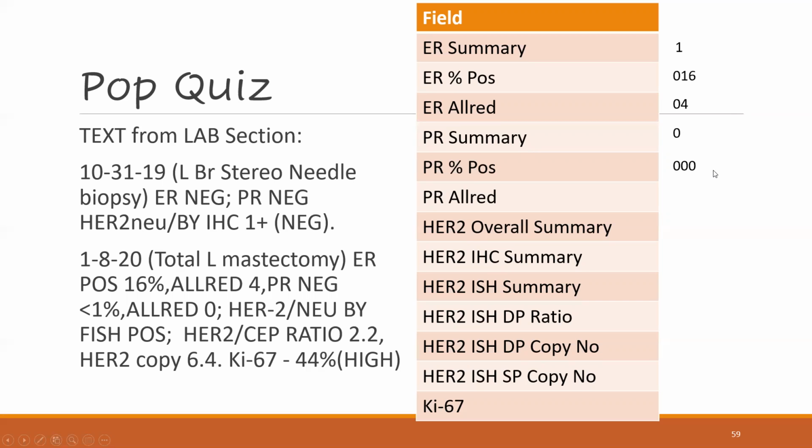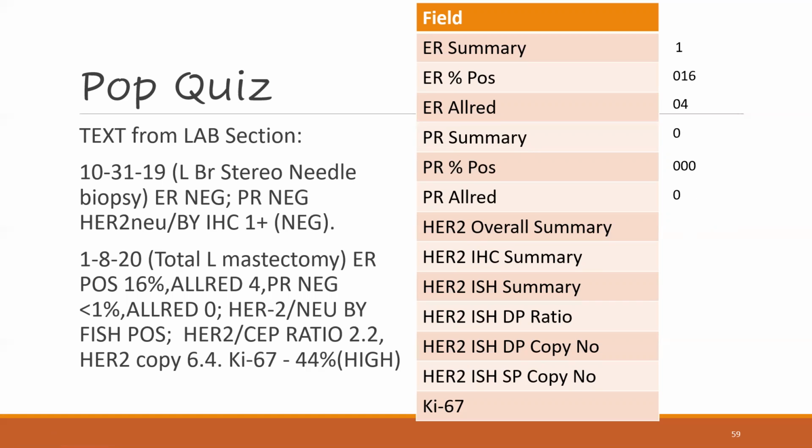In note 3, that says to code it to 000. And our PR all red was 0. That should be 00 for a 2-digit field. Okay, and then the HER2 overall summary.